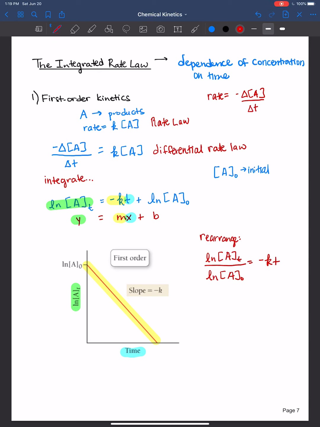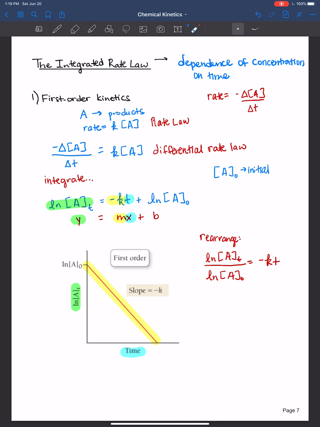And so this is the same equation here as we see right here. It's just rearranged. And you're going to see how that's useful when we discuss half-life in the next video. Okay, this will be nice to have as a ratio.